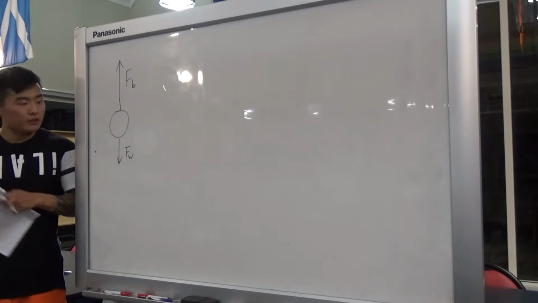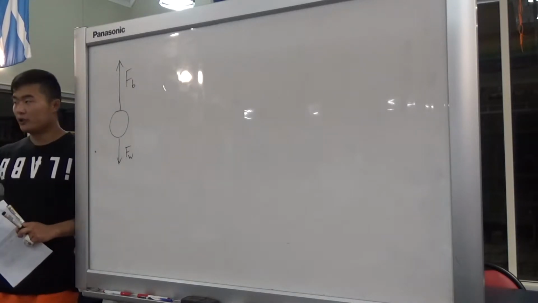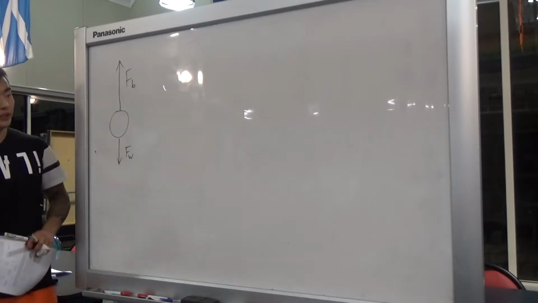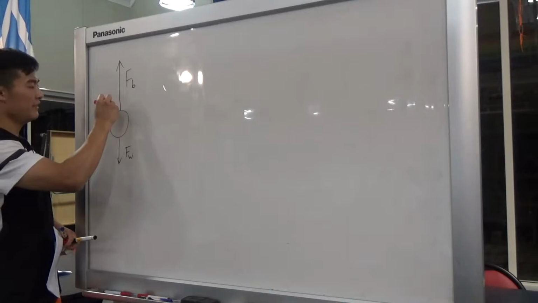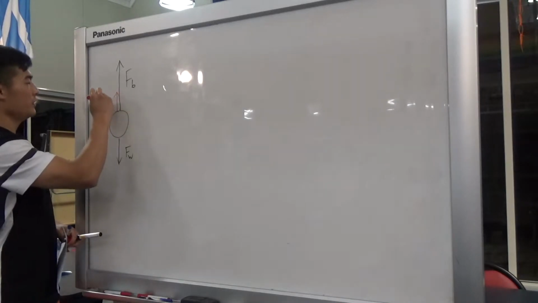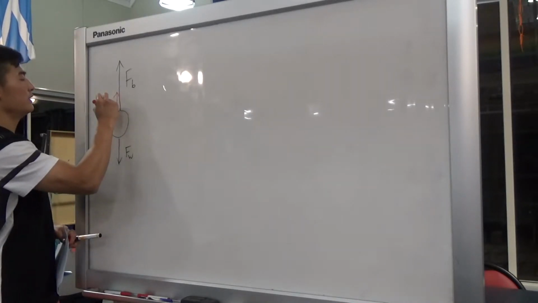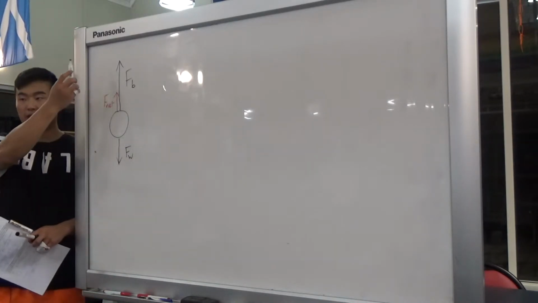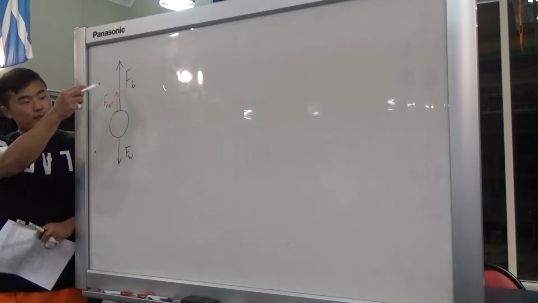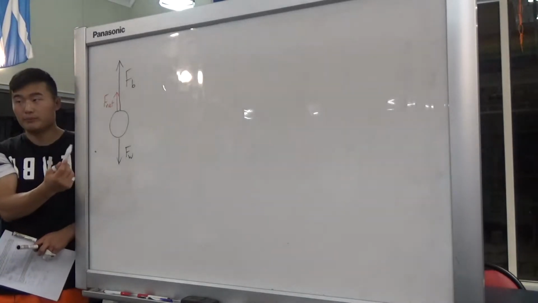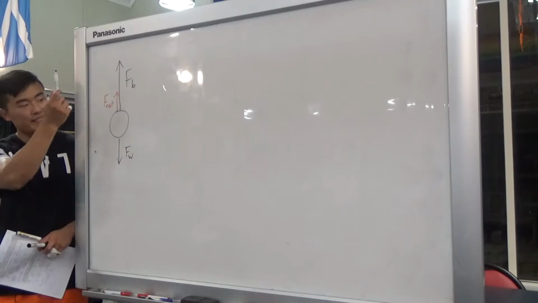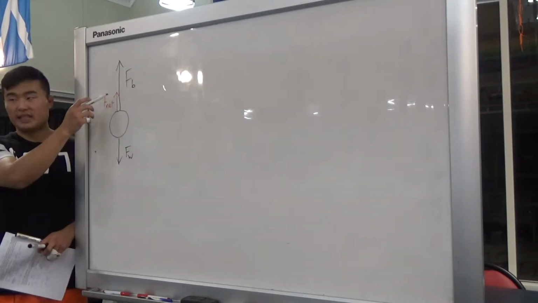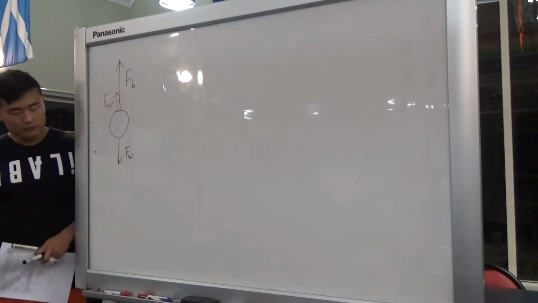And then you're going to have the net force. Obviously, because it's accelerating upwards, that means that the buoyant force must be greater than the weight force, because it's accelerating towards the surface. So our net force is also going to be in an upwards direction, right?